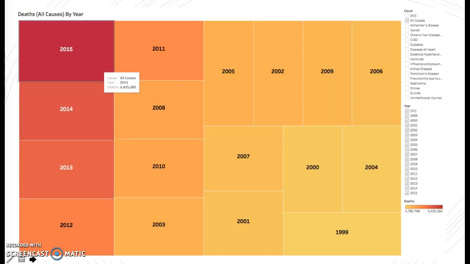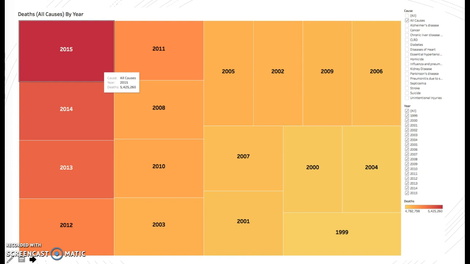Now in this third visualization, which is also a tree map, I chose to focus on death by all causes by year. Now the data from CDC was from the years 1999 to 2015.